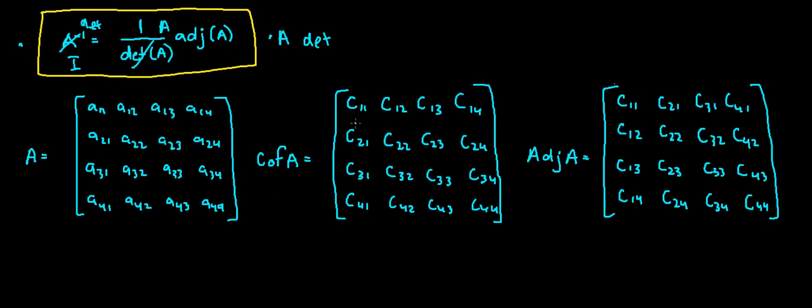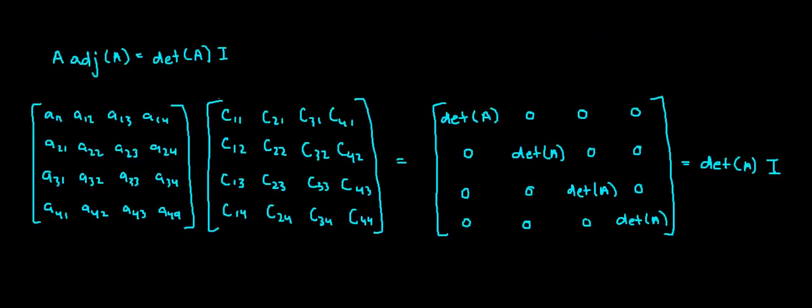And it's the same deal with columns. If I take this third column and I multiply it by the first column, then the result's going to be 0. The second column, it's going to be 0. The third column, it will be the determinant. Fourth column, 0. So now that we got that out of the way, and why that is, I'll just explain it in some other section. I'll put a link there.